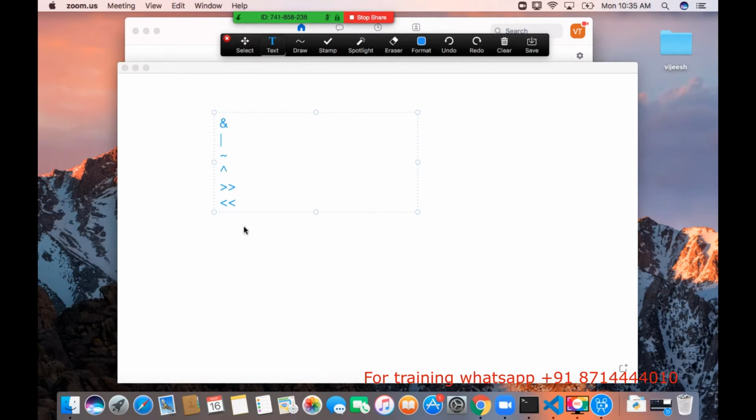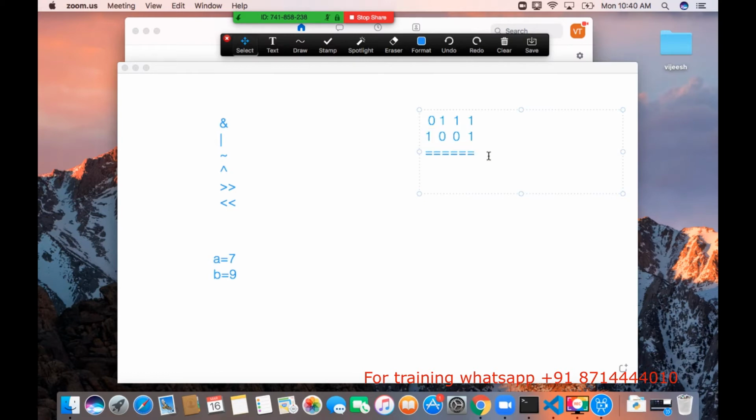For example, here I have A equal to 7 and B equal to 9, so its internal bits will be these: this is the value for 7 and this is the value for 9.